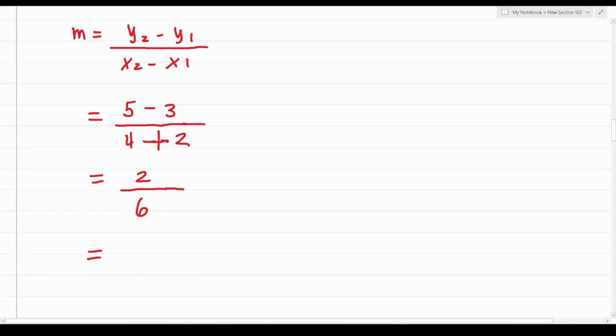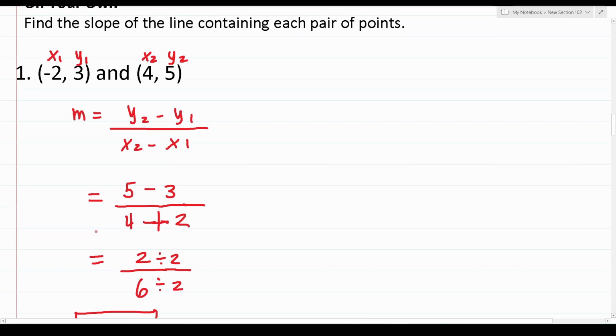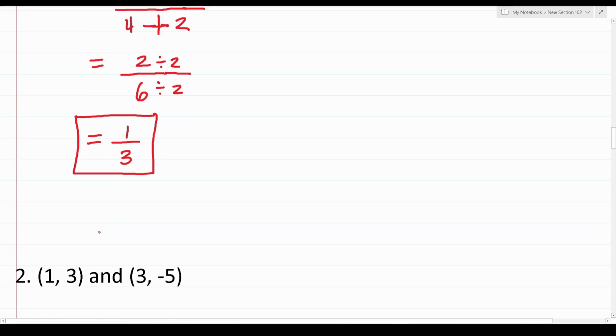So in this case, what we're going to do is divide 2 and 6 by a common factor of 2. 2 divided by 2 is 1, and 6 divided by 2 is 3. So the slope of this line is 1/3. All right, so that's that one.